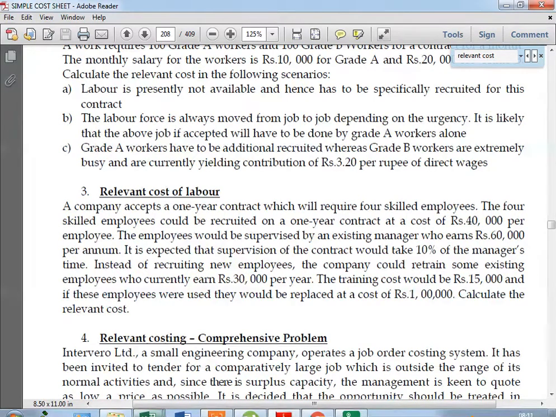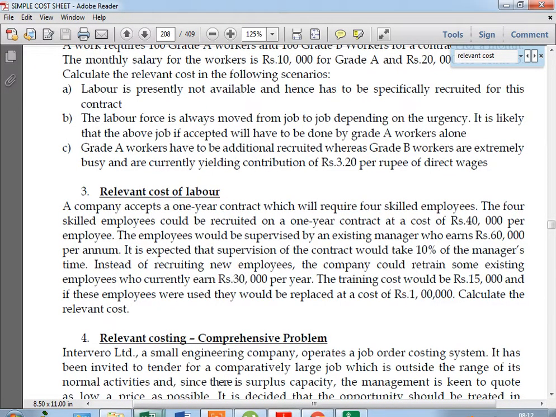Supervisor's salary will be paid irrespective of the new contract, and hence is irrelevant.